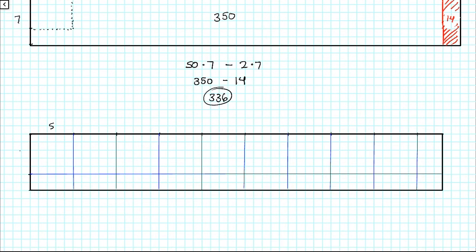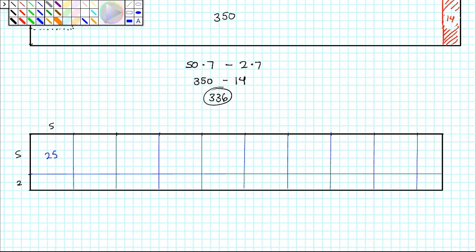Here's 5 and 2. So each of these is 25, right? Okay, so these are 5s, and then this one: 5, 10, 15, 20, 25, 30, 35, 40, 45, and 3 more makes 48.